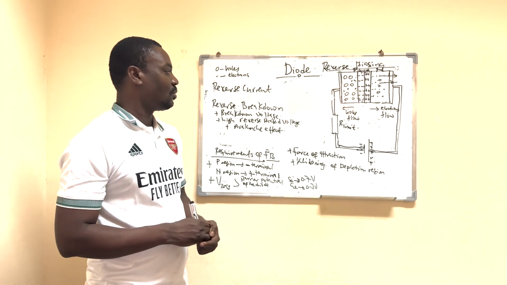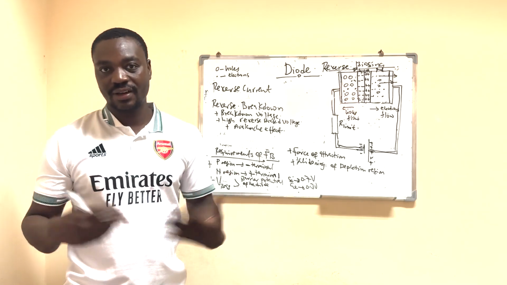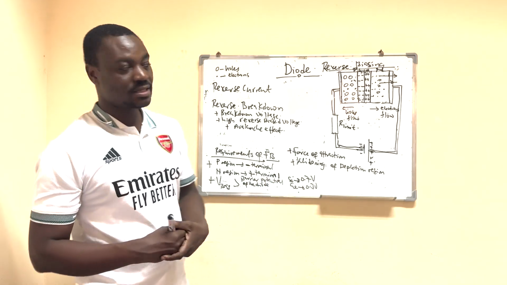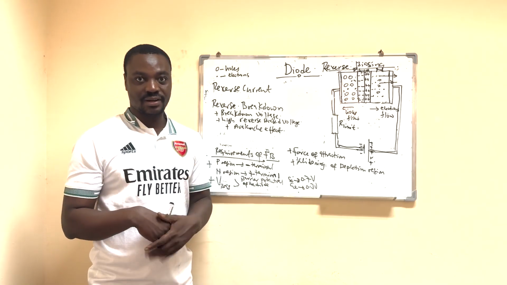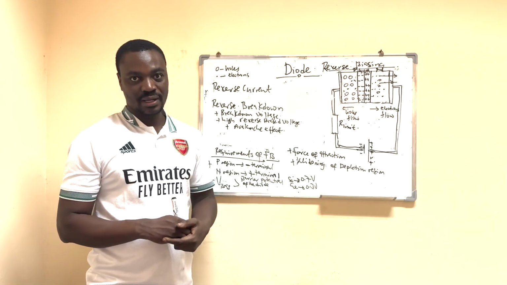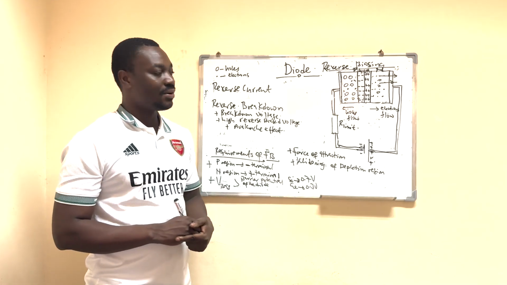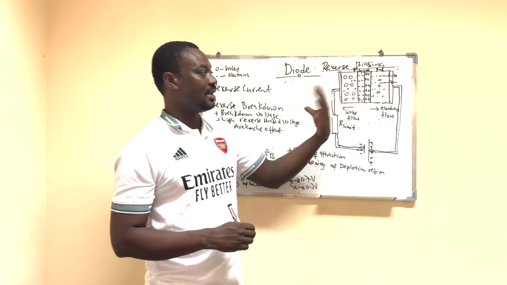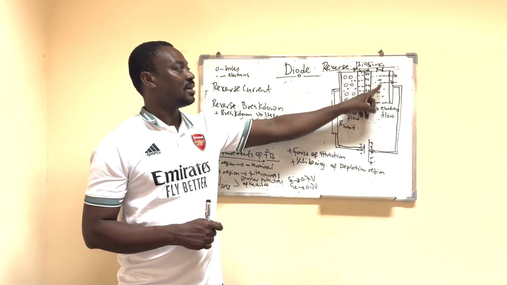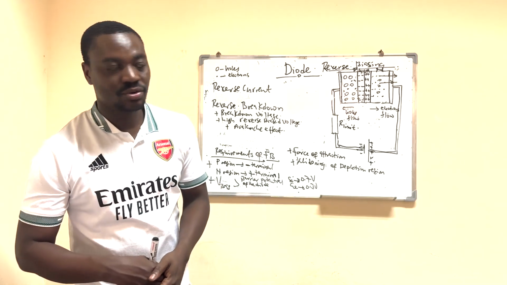Now, though we say that usually we don't have current, we tend to have a small amount of current. It's an extremely small amount of current for that matter. This current is due to the minority charge carriers in the diode. As you can see, in the P region we have minority electrons, and in the N region we have minority holes.